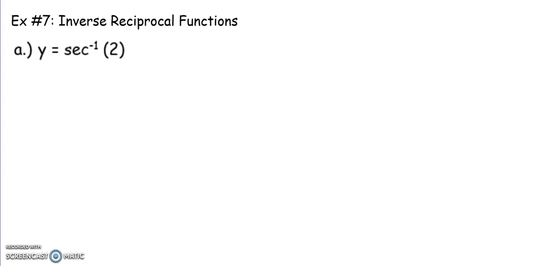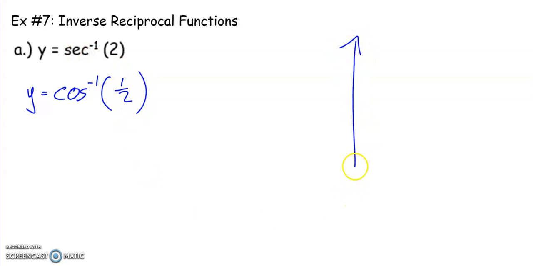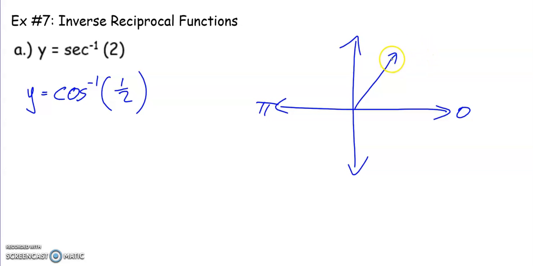What if we find the inverse of a reciprocal function? So what we are asking for is we want to find y, and that is going to equal arc secant, which is the inverse cosine, and we're going to do the reciprocal of that. So if you remember, cosine exists from 0 to pi, and we are 1/2 way up here.